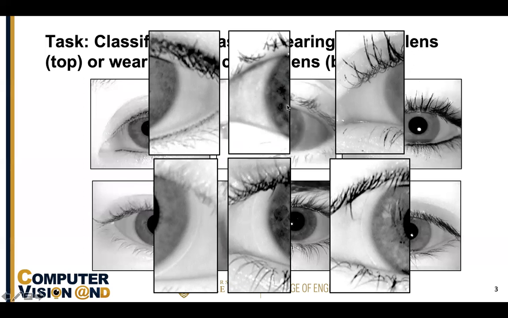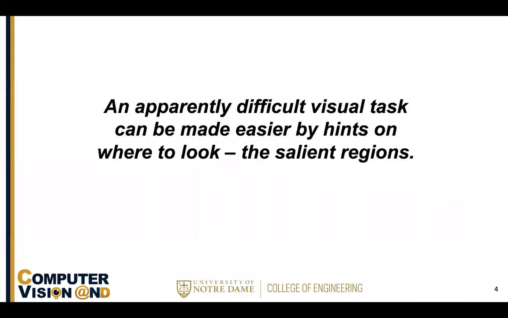And now you might have in your mind an idea for how to approach this problem that you feel confident will give you reliable results in classifying future images that you see.